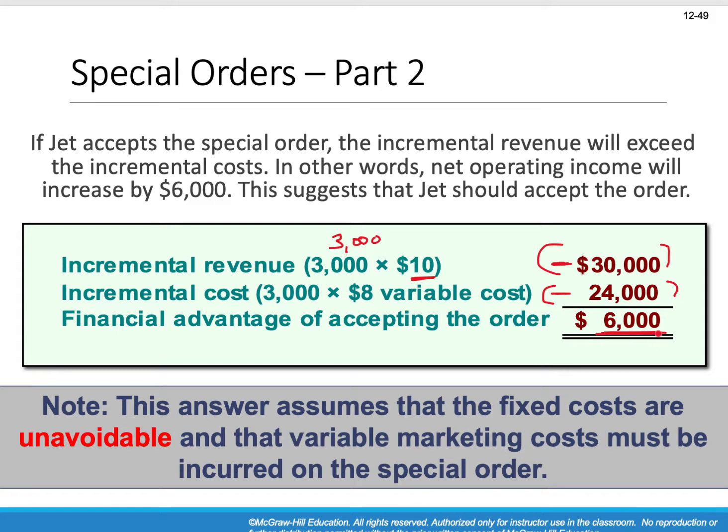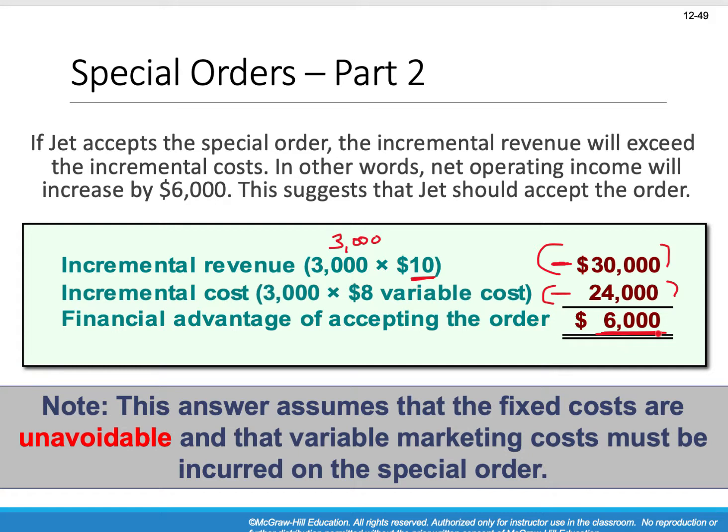Okay? Now, remember, we say that our fixed costs are unavoidable, right? Meaning they're the same no matter if we accept the special order or reject the special order. So because those fixed costs do not change, that $6,000 is going right to the bottom line.